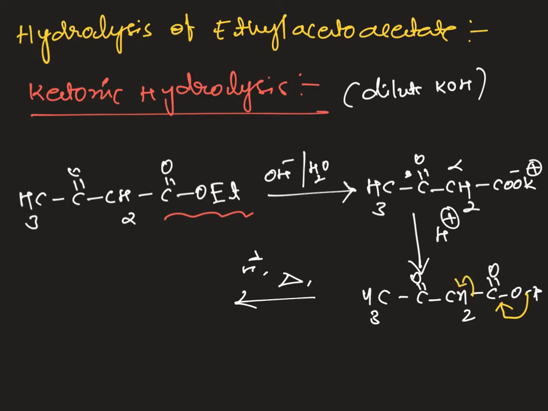The H plus will come and attack at this CH2 center, and it is converted into acetone, CH3 C double bond O CH3. So the end product of this reaction is acetone, and we call it ketonic hydrolysis.